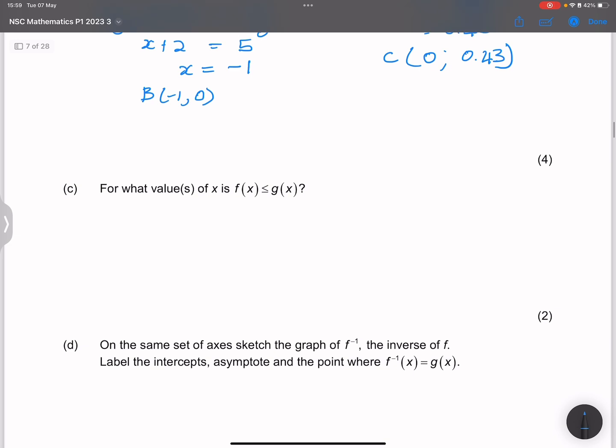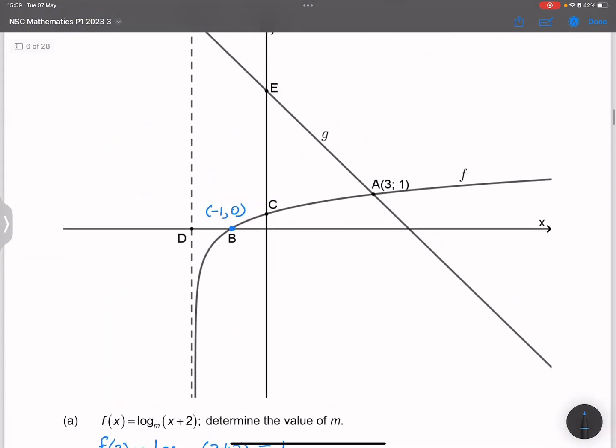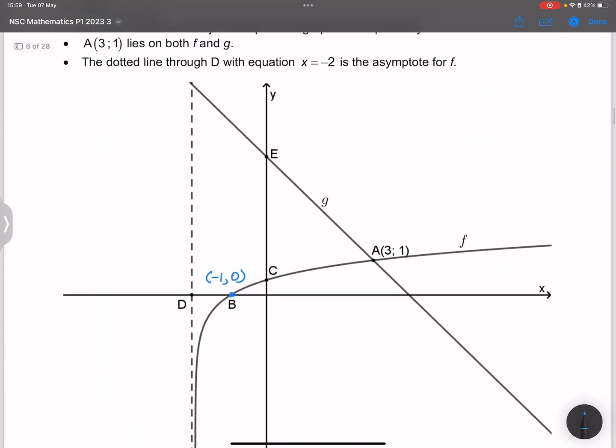Now they say, for what values of x is f of x less than g of x? Firstly, let's look at it. f of x less than g of x. If you note there, where is f below g? That's definitely in this area here.